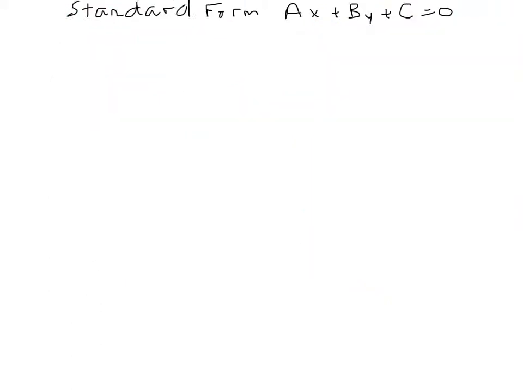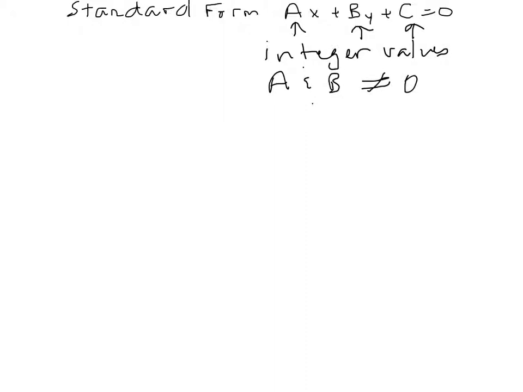The equation of a line in standard form looks like Ax plus By plus C equals 0, and those are all capital letters. The A, the B, and the C are really all integer values. And we know that A and B are not equal to 0.